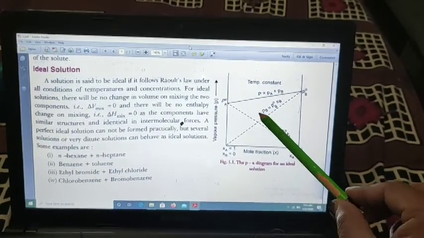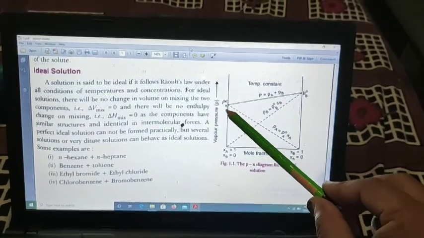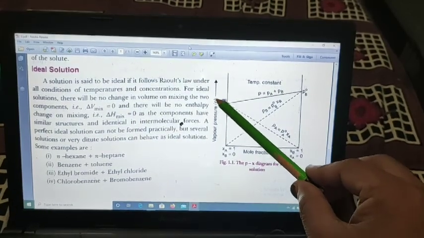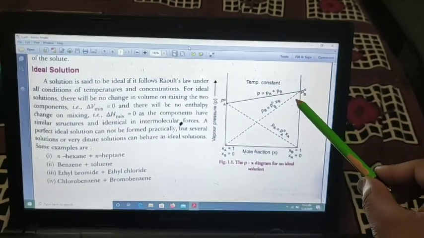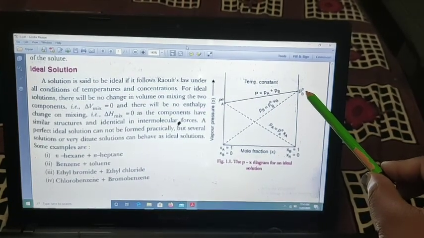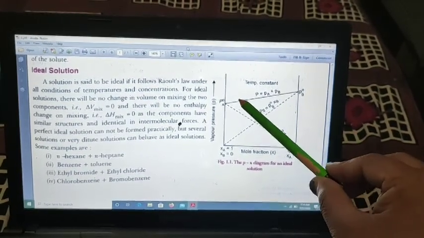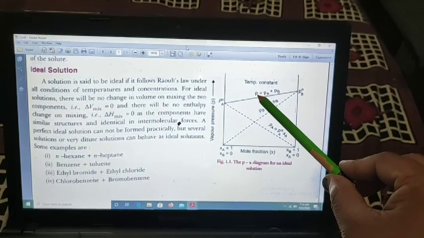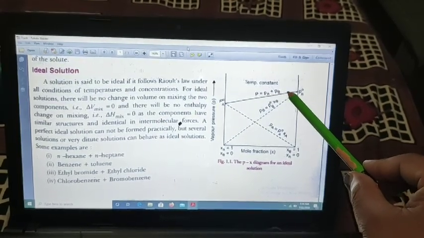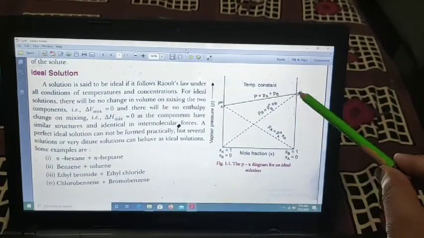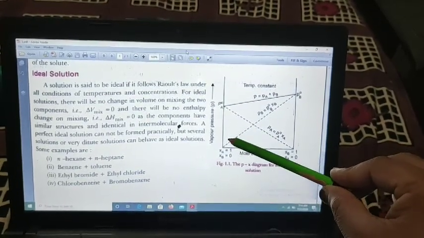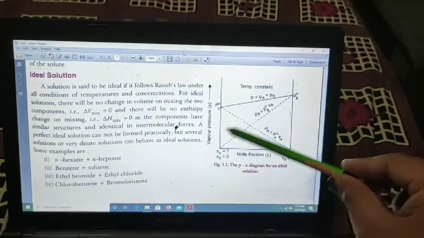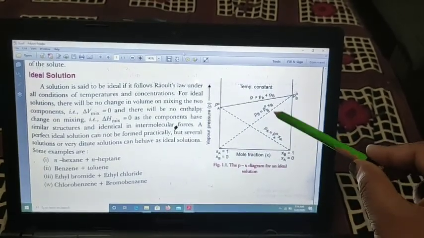Now over here, this is the vapor pressure of the pure solvent, and this is the vapor pressure of the pure solute. So the total vapor pressure P is equal to PA plus PB. Okay, and this is just shown as a dotted line for now, because later on we will come across the deviations, positive deviations and negative deviations from ideal behavior.